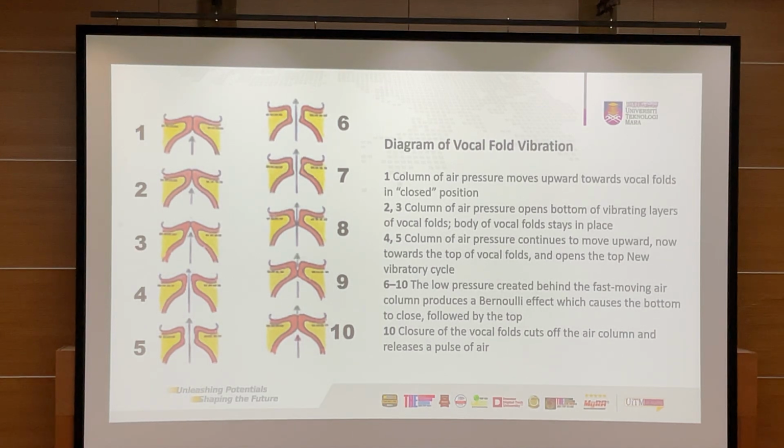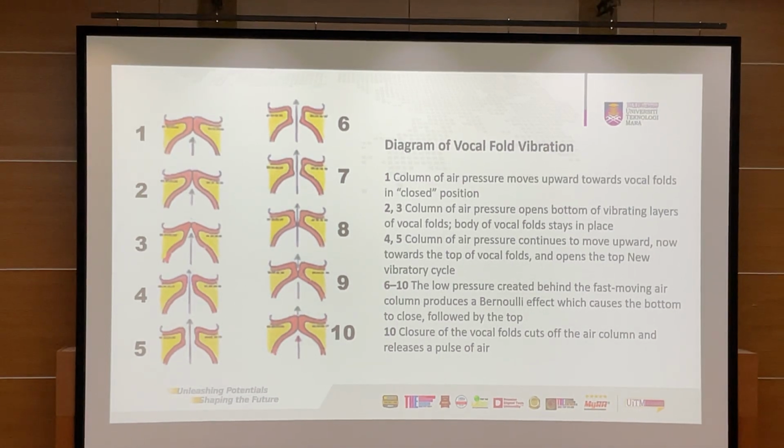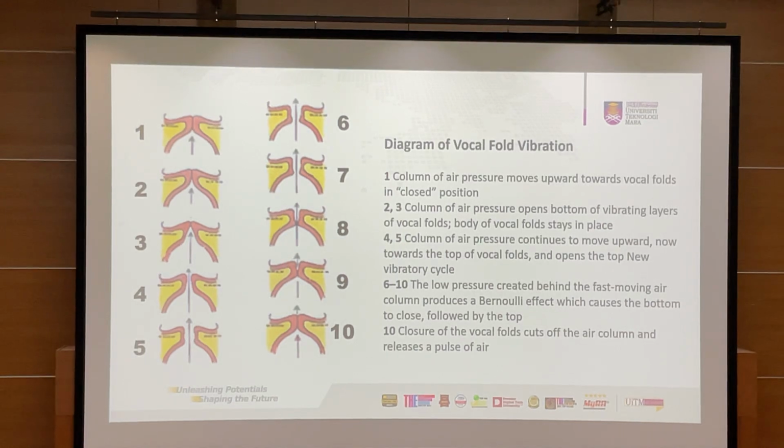So once the air pressure builds up beneath the vocal fold, shown in pictures 1 and 2, once the subglottic pressure is high enough to overcome the resistance, air is allowed to escape between the vocal folds, starting with the opening of the inferior lip, shown in pictures 2 and 3, followed by the superior lip.